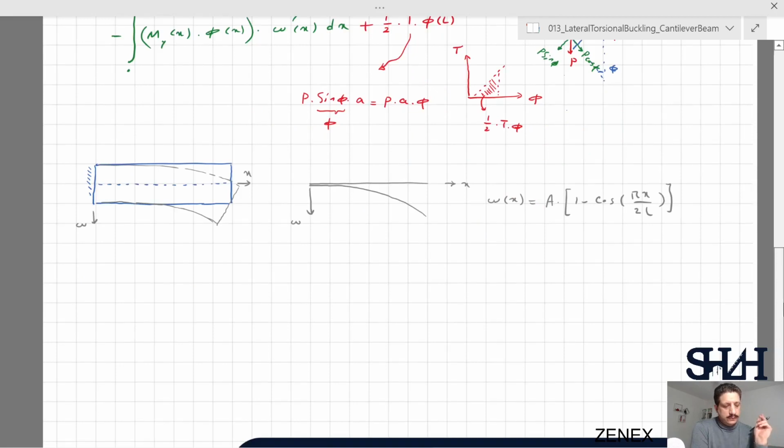For phi also, we can assume something similar in a way that it starts to rotate and at the end it's maximum. So phi x can be written as B times 1 minus cosinus pi x divided by 2L. Phi at 0 is 0 and at L is maximum.